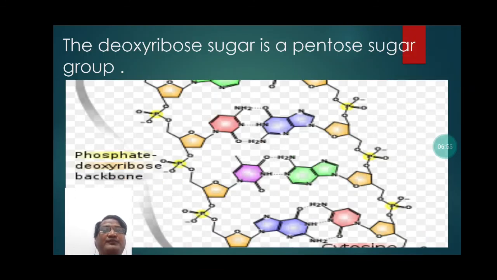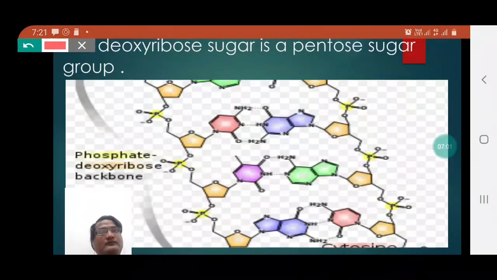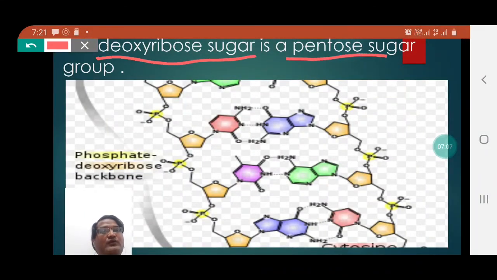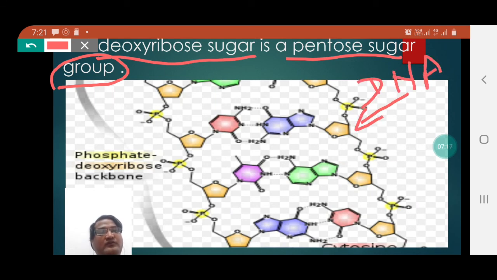The deoxyribose sugar is a pentose sugar group. So students, in this picture of DNA, we can easily notice the deoxyribose sugar which is here. Now students, this diagram represents in this way because at each of the corners there is presence of a carbon atom.